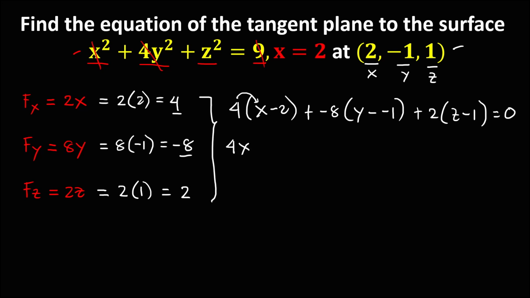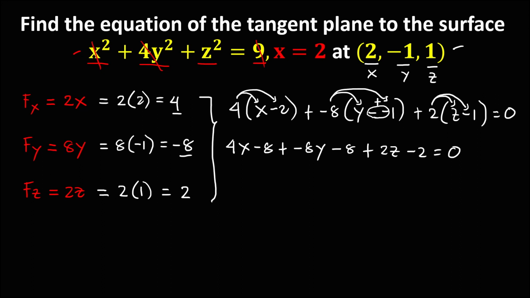This is 4x. 4 times negative 2 is negative 8. Then plus negative 8 times y is negative 8y. Then for this double negative, this becomes positive. So we have negative 8 times positive 1. This is negative 8. Then plus 2 times z is 2z. Then 2 times negative 1 is negative 2. Then equals 0.